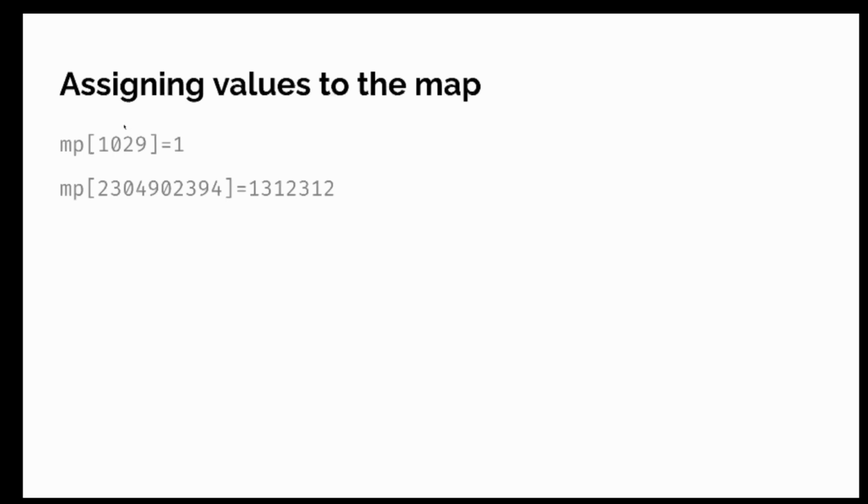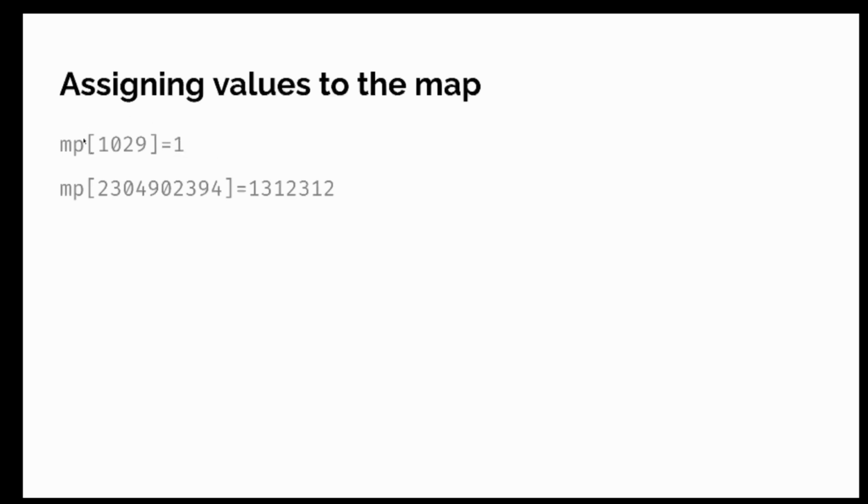So what does that mean? How would you assign values in a map? What you do is you have map square brackets here. Inside the square brackets is the key value. And you assign the key a value of 1.